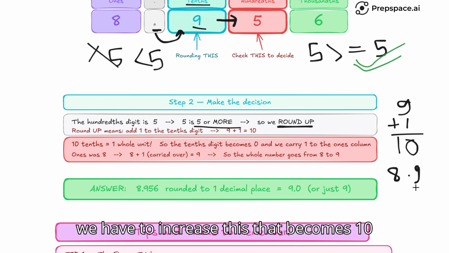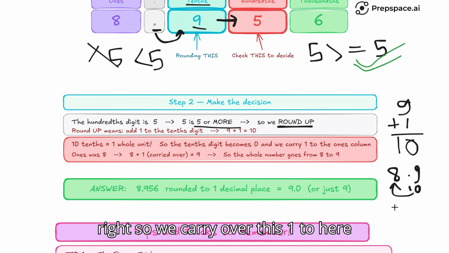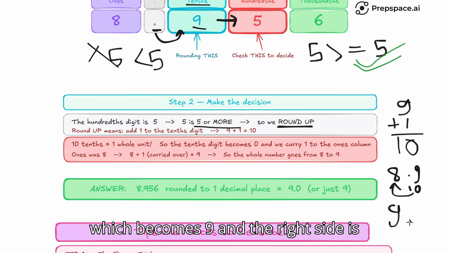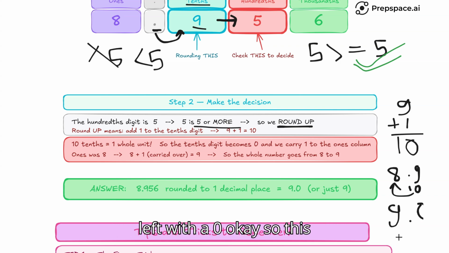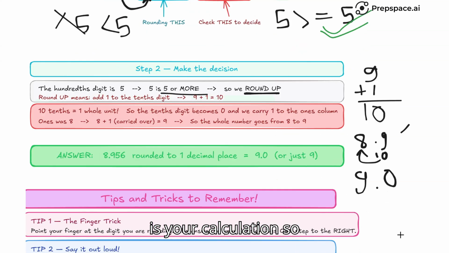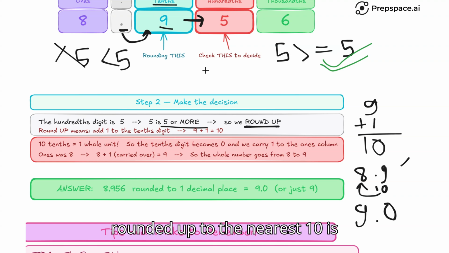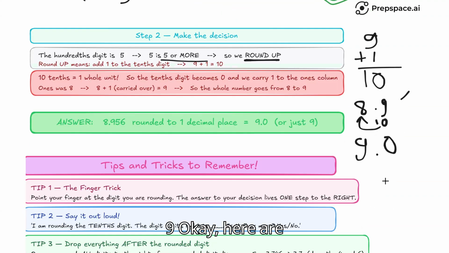We increase this 9 and it becomes 10, right? So we carry over this 1 to here, which becomes 9. And the right side is left with a 0. Okay, so this is your calculation. So 8.956 when rounded to the nearest tenth is 9.